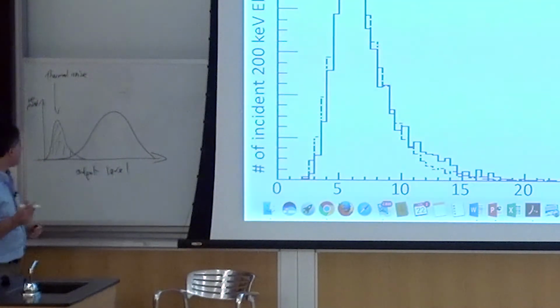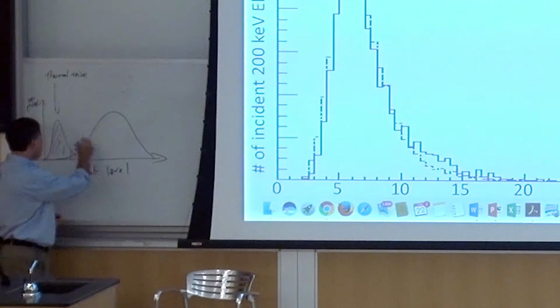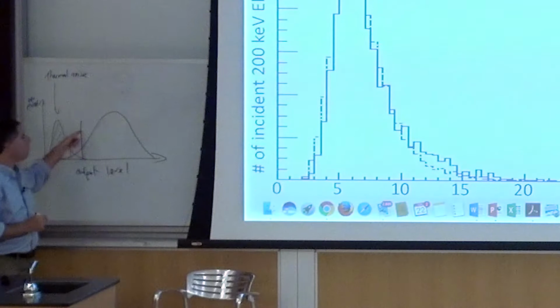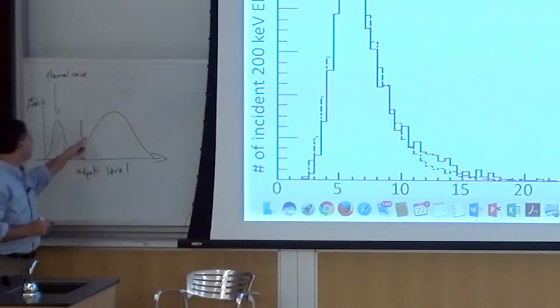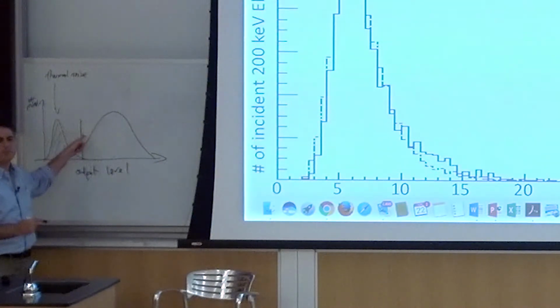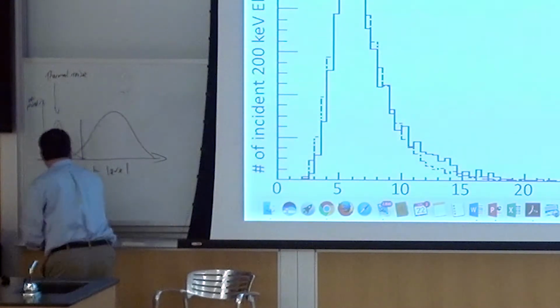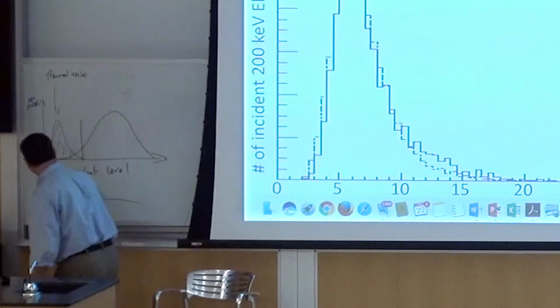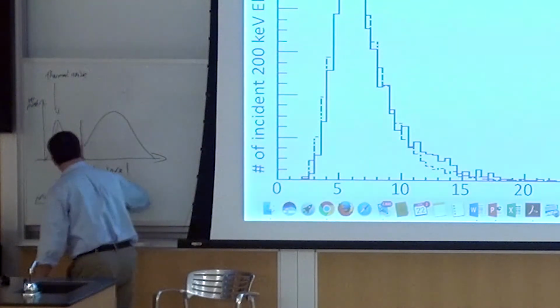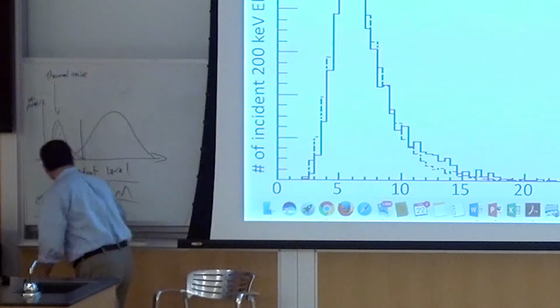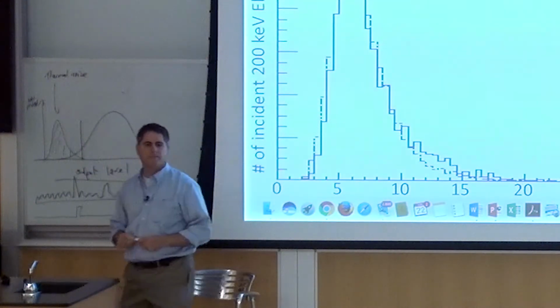What pulse counting does is you say anything that has an output level bigger than the threshold of my discriminator, I'm going to call an electron. And anything that is less than the level of this discriminator, I'm going to call nothing, 0. So if I had a little peak that showed up as a function of time, with a whole bunch of noise, a little sharp peak like that, and more noise, and my discriminator level is set there, the output is going to be 1, and 0s everywhere else.